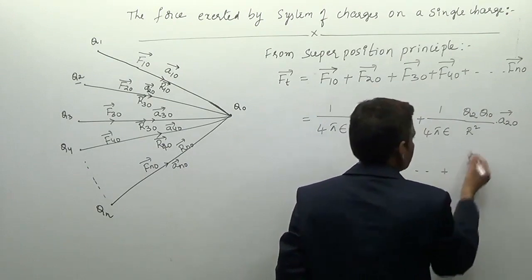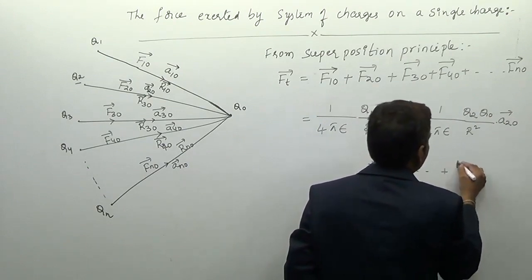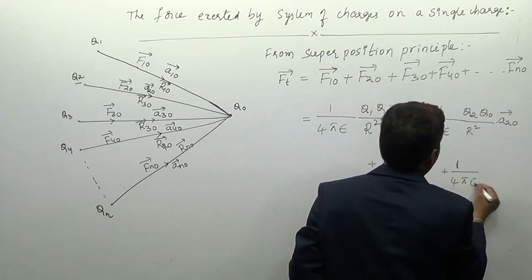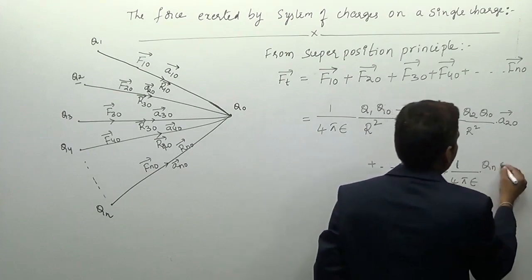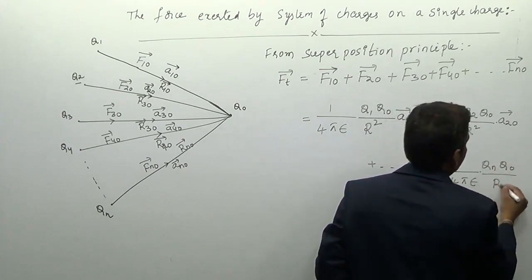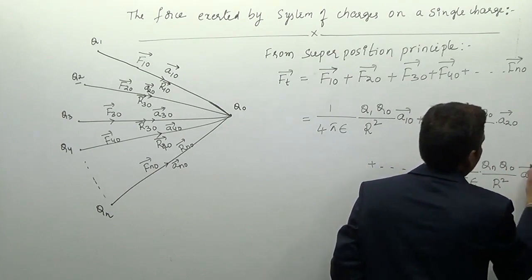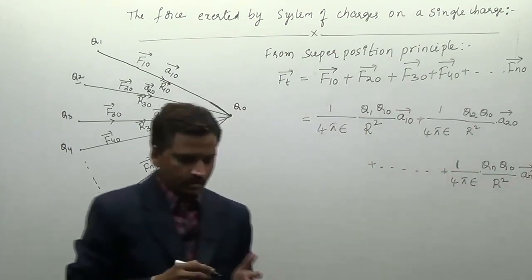The last force will be Fn0, which is 1 by 4 pi epsilon into Qn Q0 by R square, with the related unit vector An0.